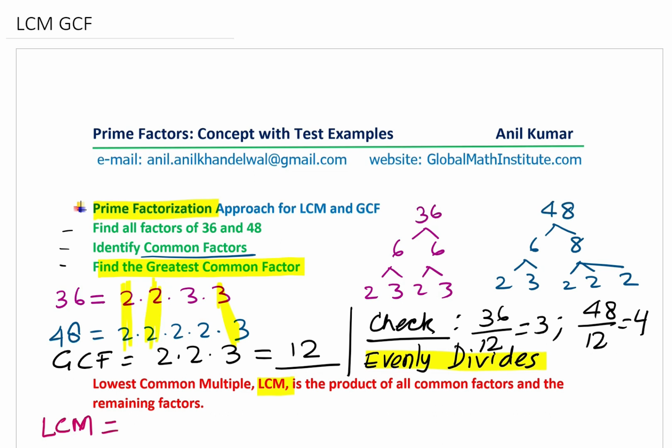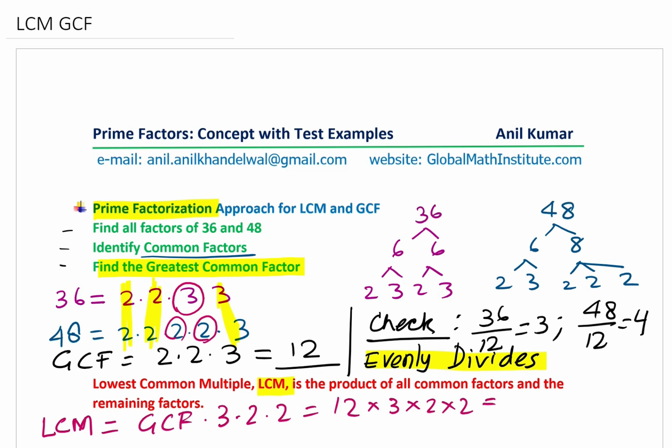Once again, LCM is the product of all common factors, which is the GCF, and the remaining factors. The remaining factors are 3 for 36, so we'll multiply by 3, and then we have these 2's, so 2 times 2. So we get 12 times 3 times 2 times 2. That becomes the lowest common multiple.